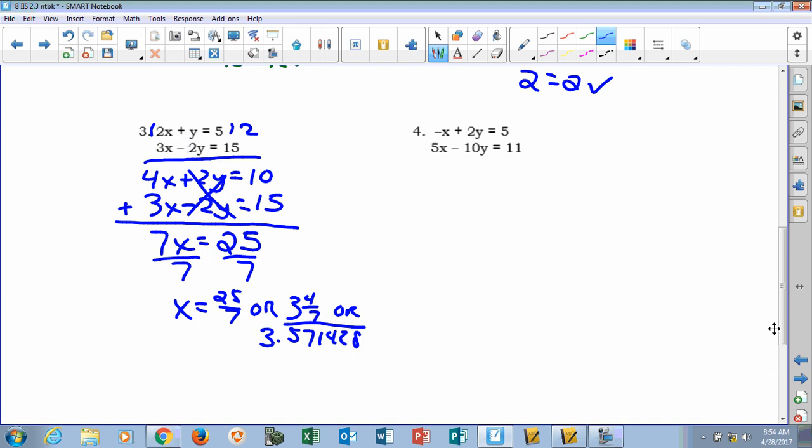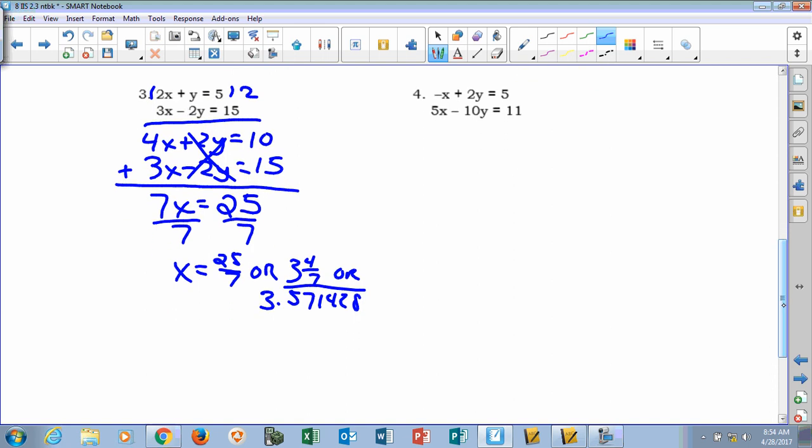All right. Where do we want to plug this into? Top one? Okay. 2 times, and we're just going to call this 3 point. I'm going to try to write this as small as I can because I don't have a ton of room over here.